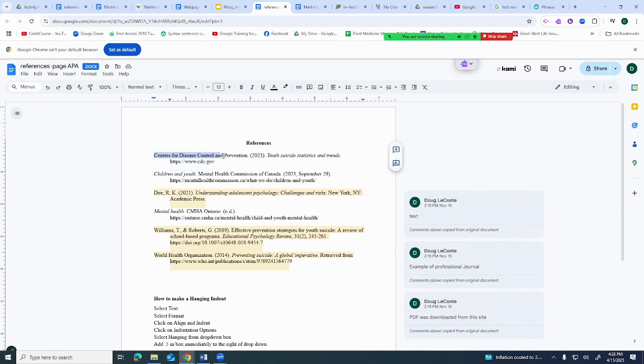And this is actually the people who have created the website, the Centers for Disease Control and Prevention. This is the year that it was last edited or updated, and this is the title of the page where we got the information from.